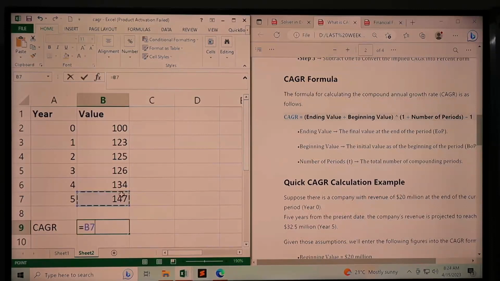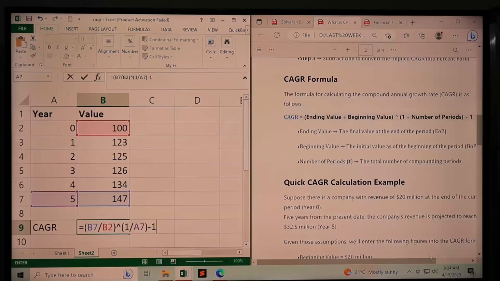You have to put the bracket, then divide by the beginning value, then to the power of, in bracket 1 divided by the duration, the number of years, that is 5 years. Then the whole thing you less 1. So you're using this formula that was given here.